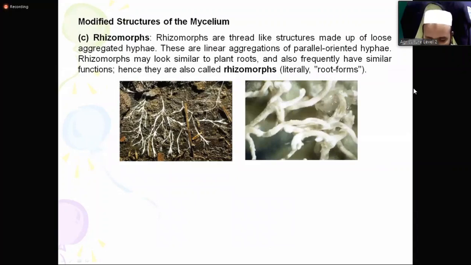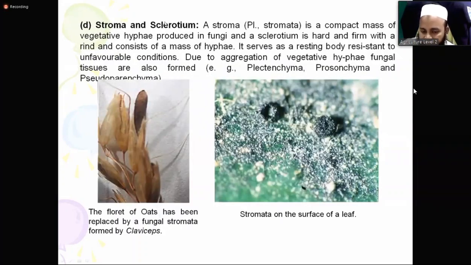Rhizomorph. Rhizo means root, morph means like or shape, root shape. So they look like roots, are bigger, and you can see them with the naked eye. And we also discussed the stroma and sclerotium.